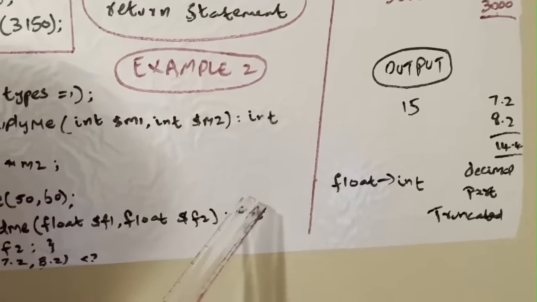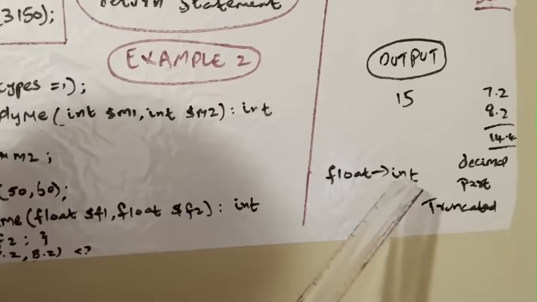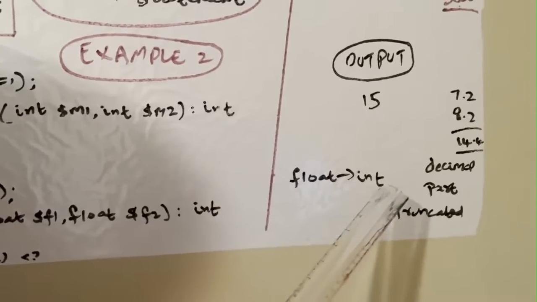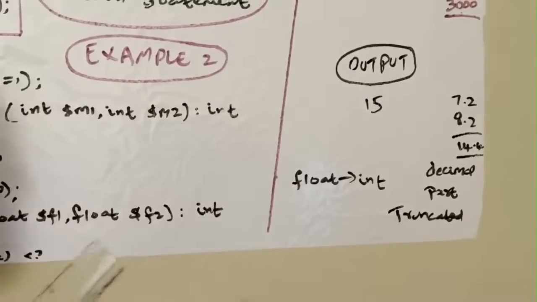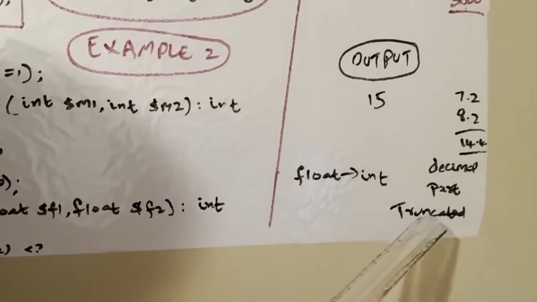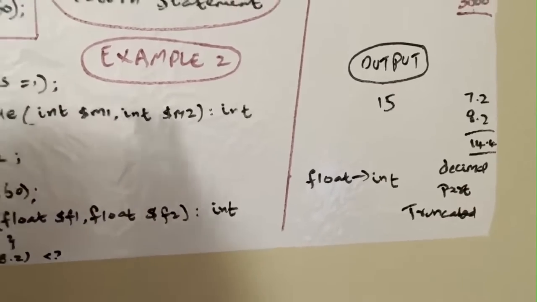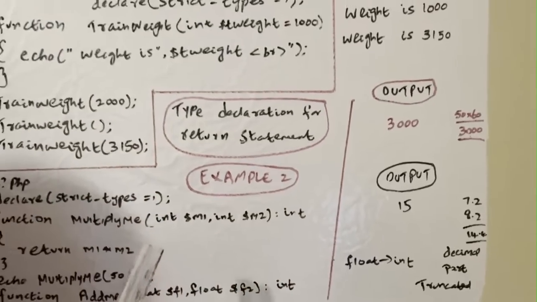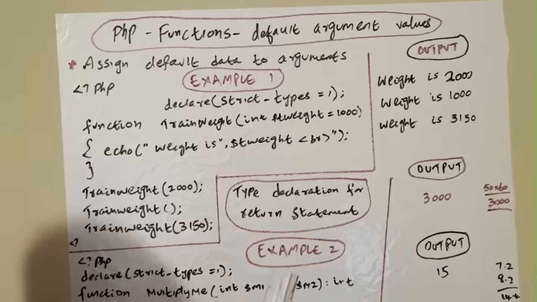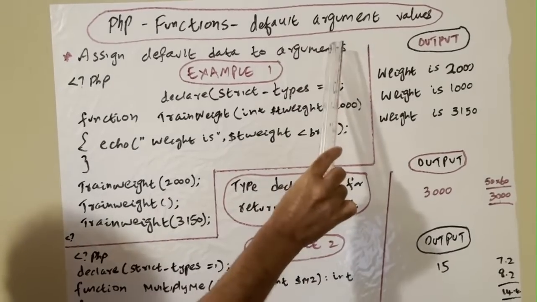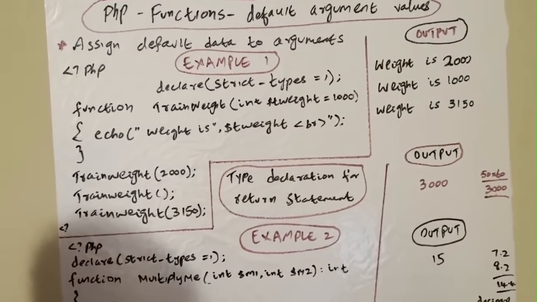It does the conversion, float is converted to int. 15.4 is converted to 15.0, which is 15. It truncated the decimal part. So here I gave three examples about how to use the default arguments, how type declaration happens, and conversion for argument values and for return values.